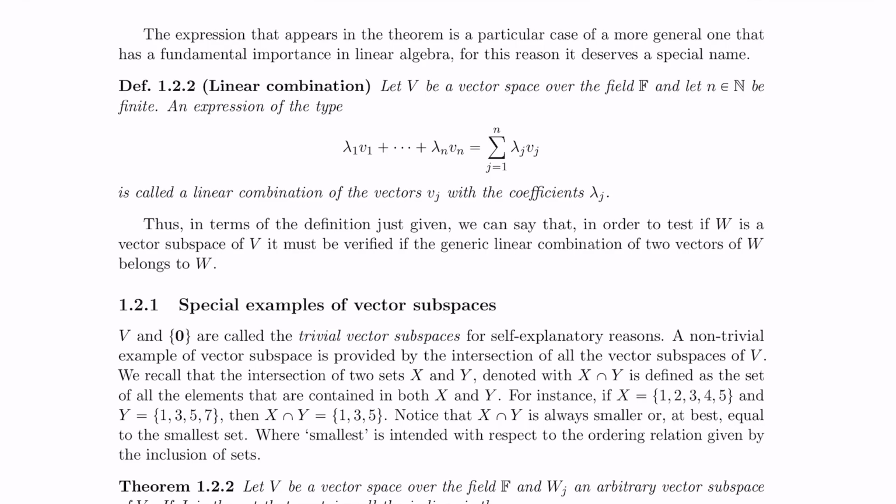Notice that when we have n equals 1, it means that we have just one vector. And so, in this case, the only linear combination that we can perform is lambda1 v1. So remember that in the particular case of just one vector, the only linear combination that we can perform is the multiplication of this vector by a scalar.